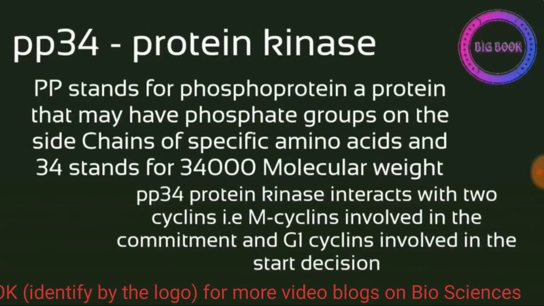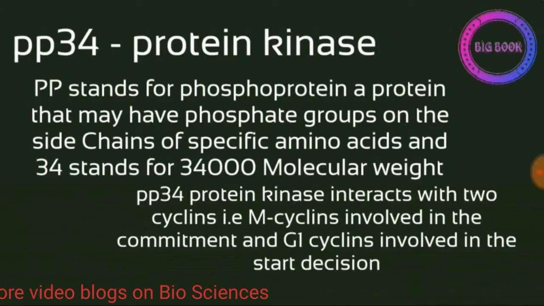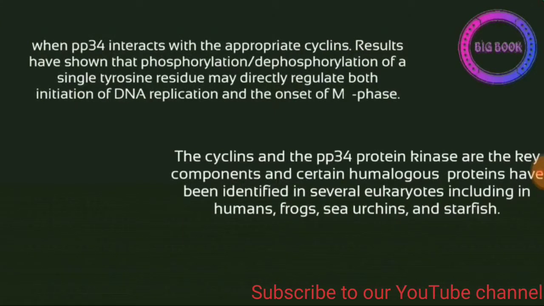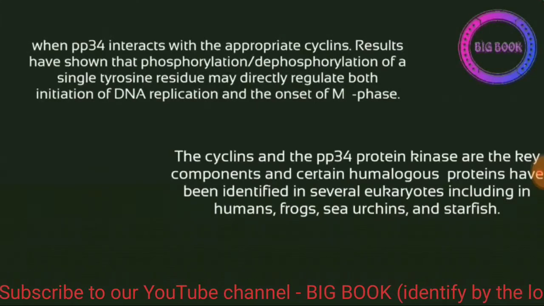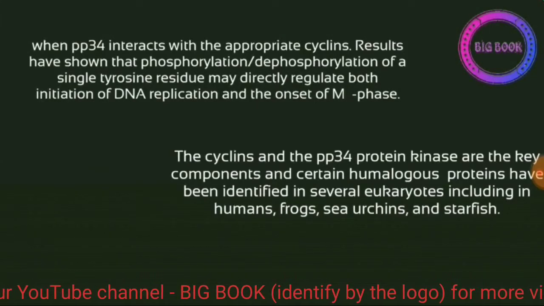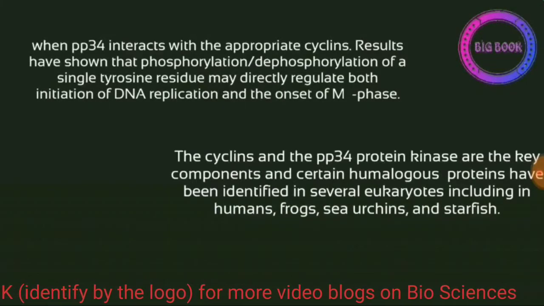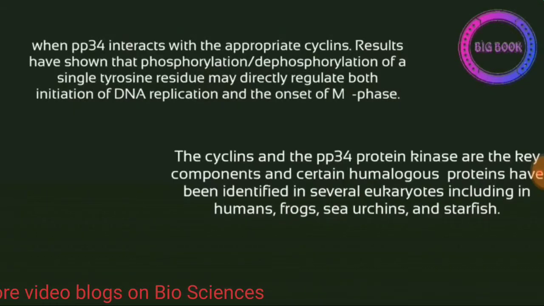The p34 protein kinase interacts with two cyclins: M cyclins, involved in the commitment to mitosis, and G1 cyclins, involved in the start decisions. When p34 interacts with the appropriate cyclins, results have shown that phosphorylation or dephosphorylation of a single tyrosine residue may directly regulate both initiation of DNA replication and the onset of M phase.